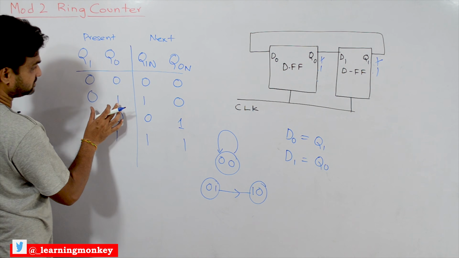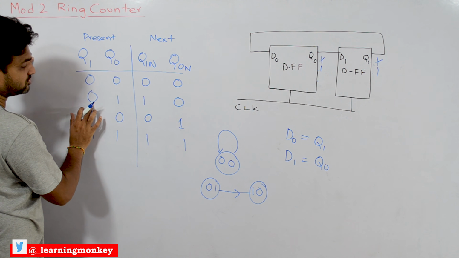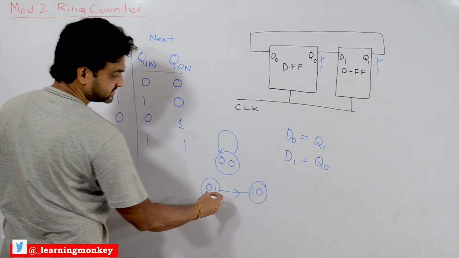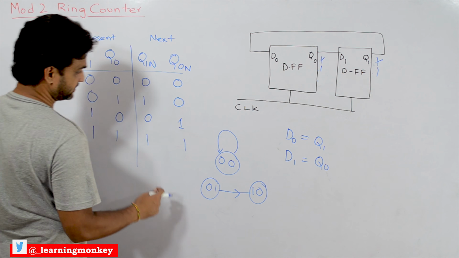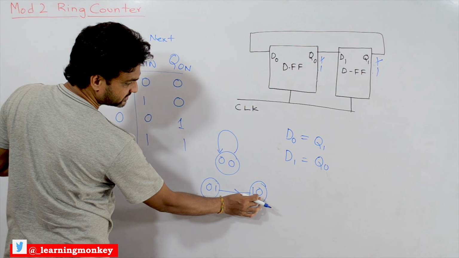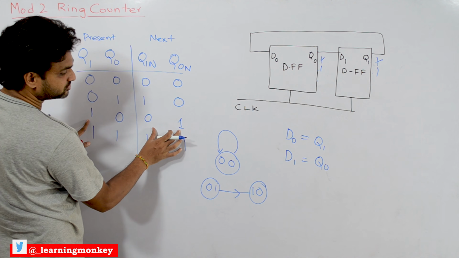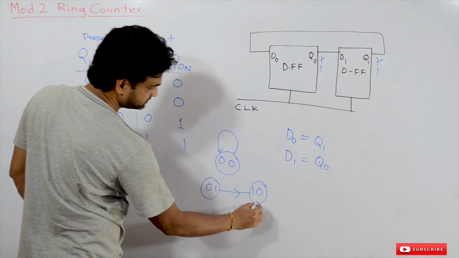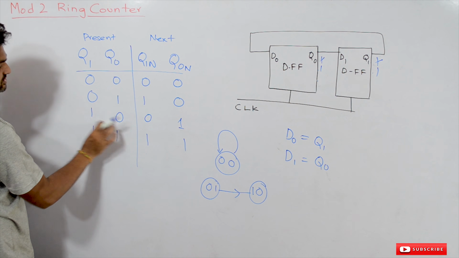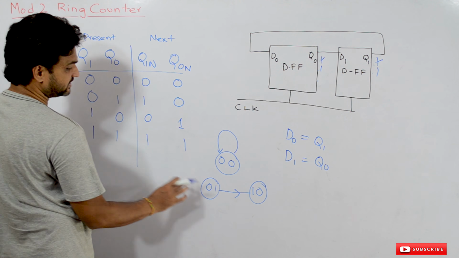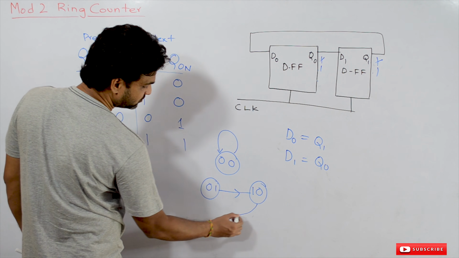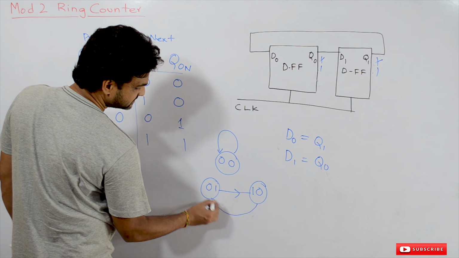Whenever the present state is 1, 0, it will get moved to the 0, 1 state. And whenever the Q0 value is 0 and Q1 value is 1, it will move to the 1, 0 state.